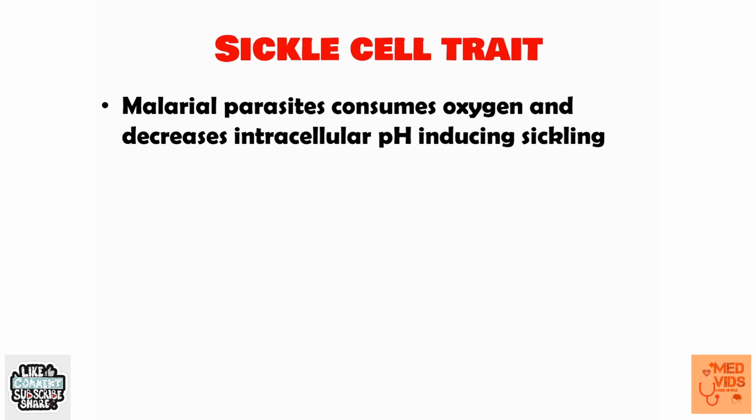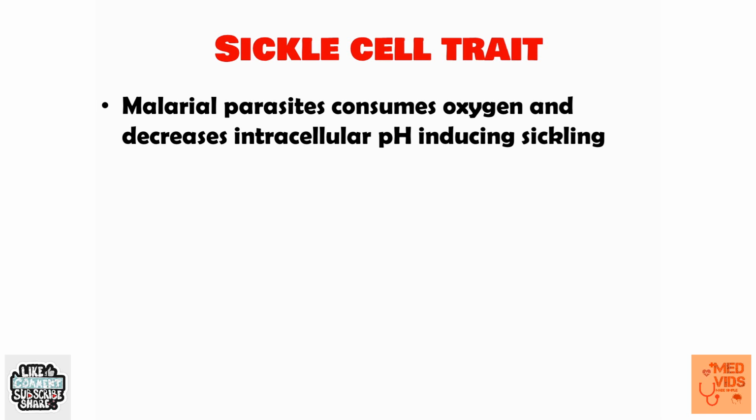As we know, a decrease in oxygen, that is deoxygenation, favors sickling in sickle cell disease, right? Since these patients have HbS in their RBCs, when there is a decrease in oxygen caused by consumption of excess oxygen by the malarial parasite, it favors sickling.